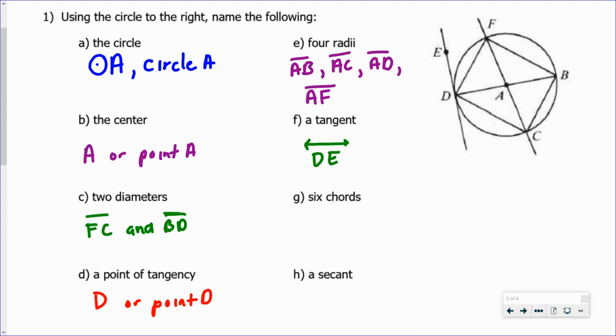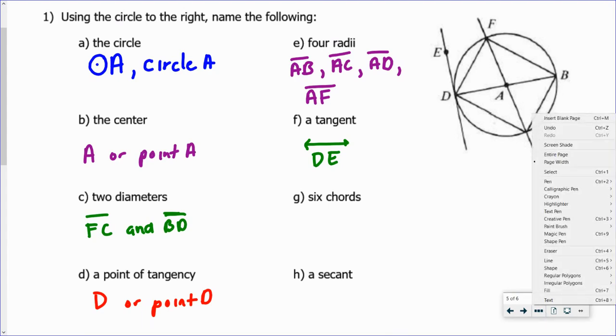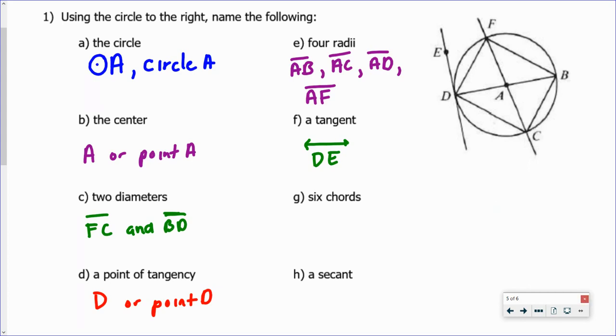Okay, next we want to find 6 chords. So we already found 2 of those chords, as I had mentioned earlier, so I'm not going to rewrite those. The 2 diameters are chords, so those would also be included. So these are also chords by definition. Now remember, again, chords are defined as line segments whose endpoints are on the circle. So I can see 4 of those in this diagram.